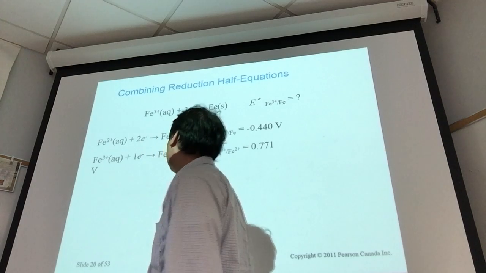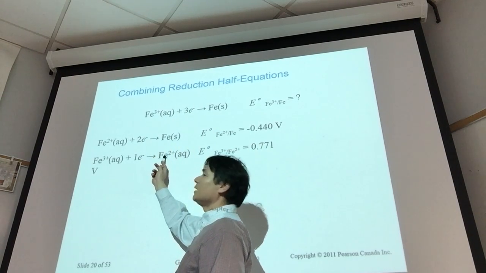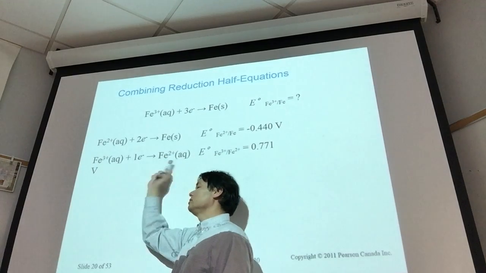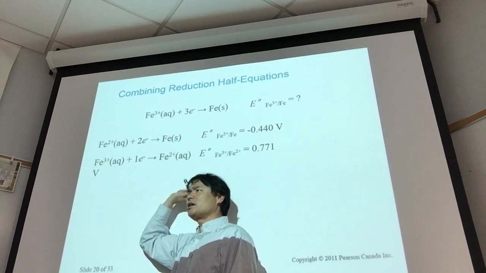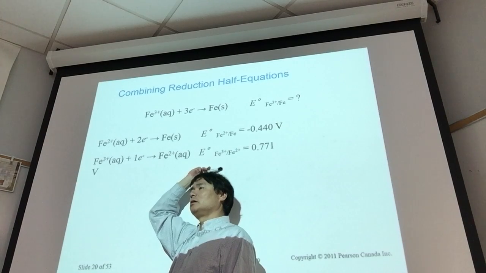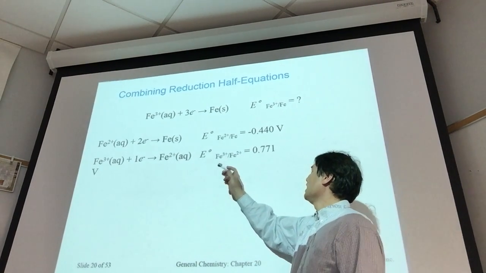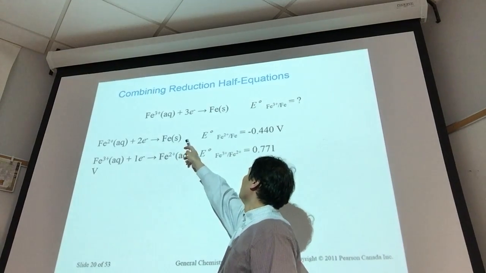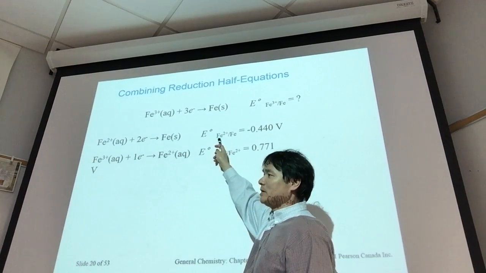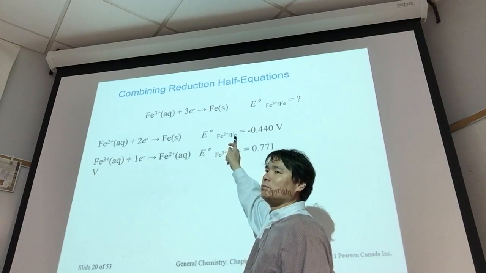Right. If we were to look at reducing agents now, what's a better reducing agent, iron or iron 2 plus? If we're looking at reducing agents, we have to reverse this reaction. If we reverse this reaction, then what do we do to the E's? We flip the sign. And so iron metal has an oxidation potential, and the couple would be iron to iron 2 plus.